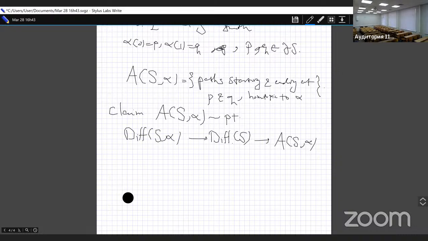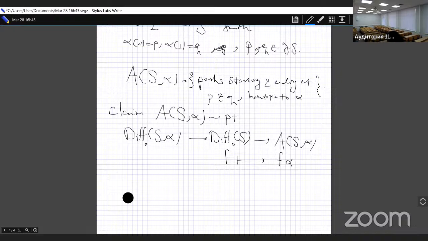So this fibration gives us that these two spaces are homotopic. What is the first space? It is the diffeomorphisms of S fixing alpha.